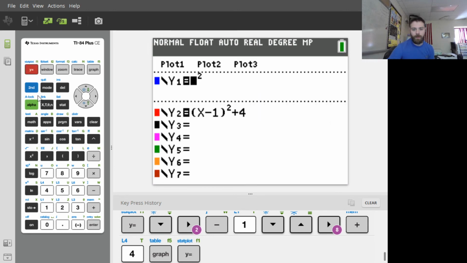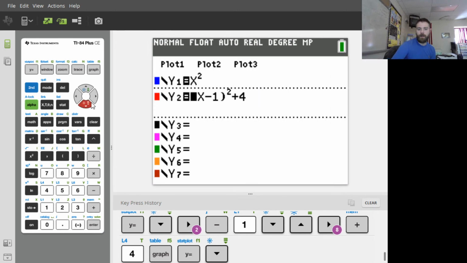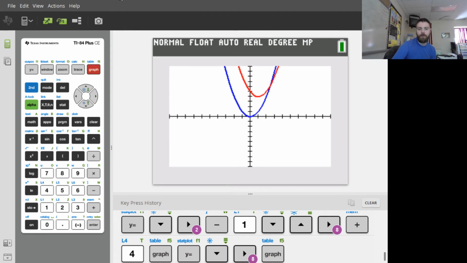So I go over here to y equals, and if you take a look here, I've got x squared and x minus 1 quantity squared plus 4. I go to graph. And if you take a look here, it is shifting right 1 and up 4. So 1, 2, 3, 4, yeah. So right 1 and up 4.